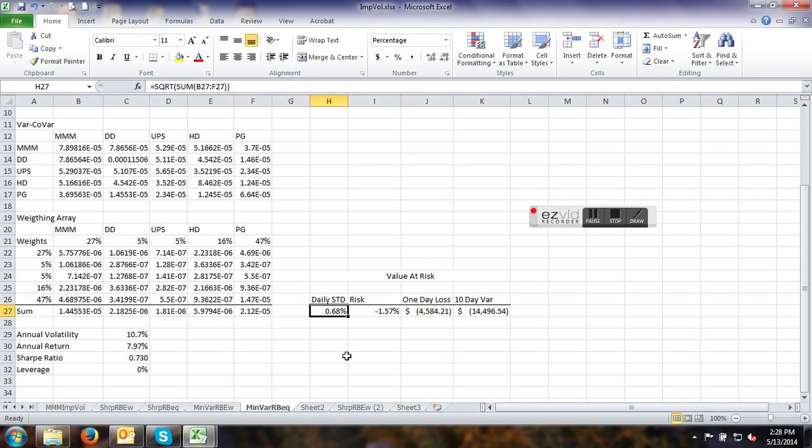Therefore, it also tells you more completely when you want to hedge and when you don't want to hedge. And the idea of hedging versus not hedging is, if when I form my portfolio I was willing to accept a 20% annual volatility, and right now the annual volatility is right here, it says 10.7%, then there's no reason to do any kind of hedging.